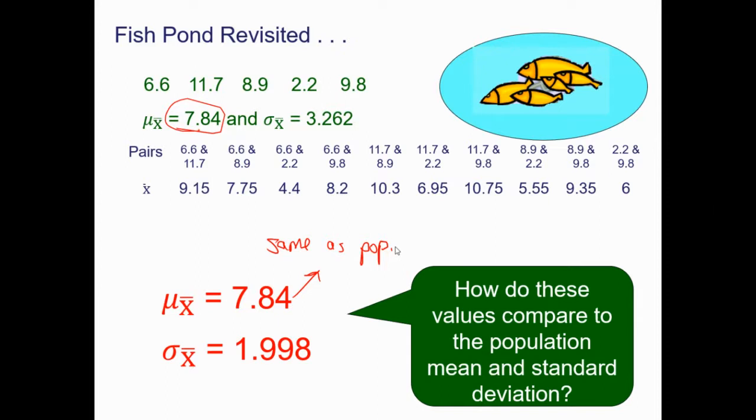And then what about our standard deviation? Is there anything that we notice? It decreased, yeah. What does it mean by the samples of size 2 are possible? Is that just saying a pair or what? Yeah. Okay.